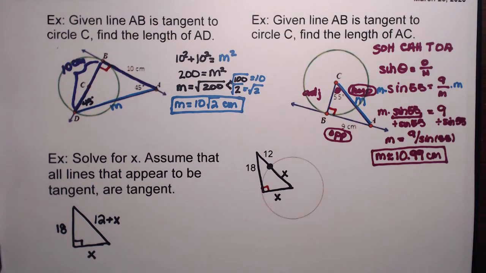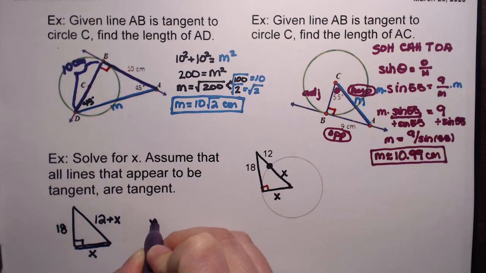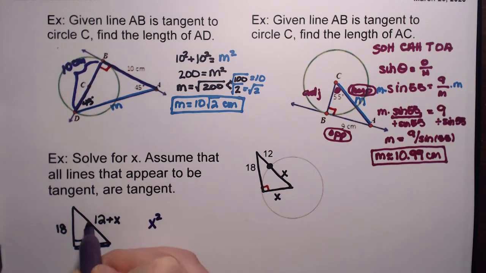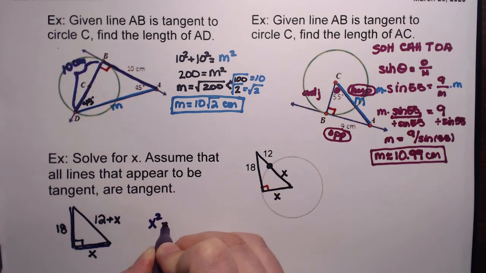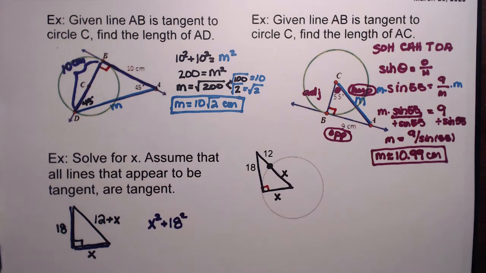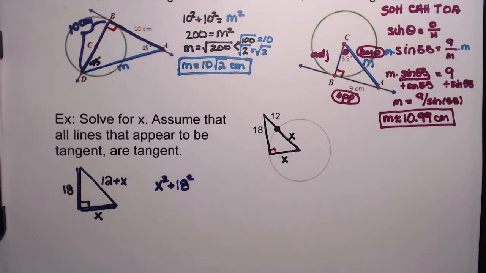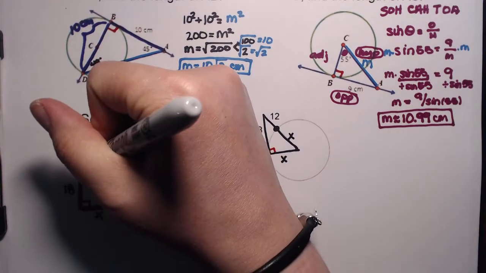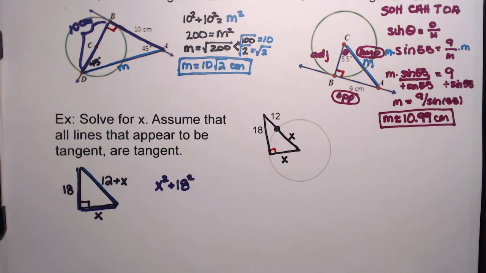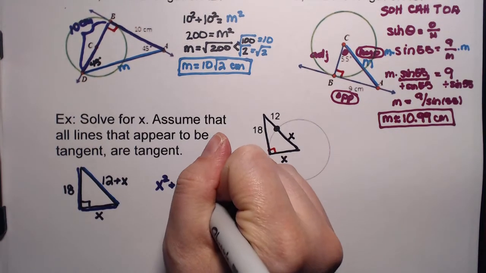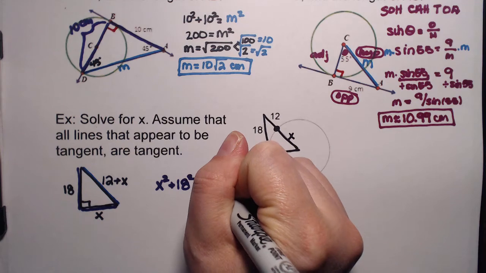So it's side squared plus side squared. And that's going to equal, see if I can move it into the light a little bit more. That's going to equal the hypotenuse squared. We have to be careful.